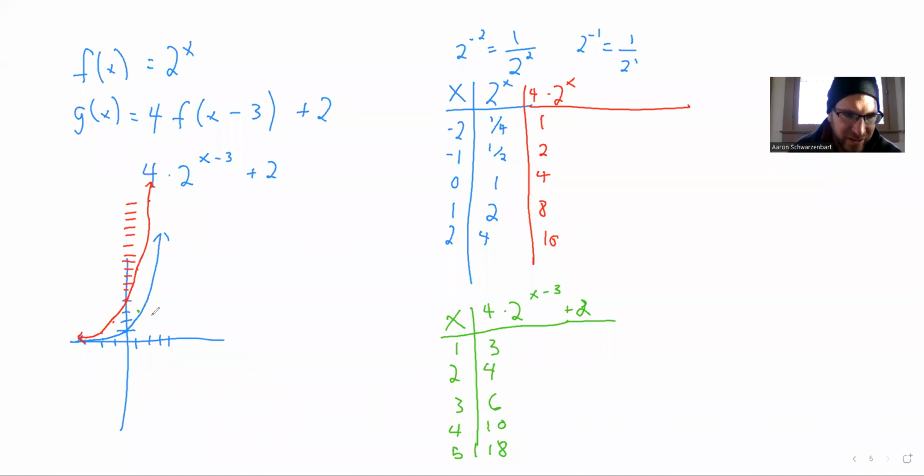Right 3, up 2. Right 3, up 2. There we go. Right 3, up 2. And I've got to go one more. Right 3 over here, up 2. And I'm going to get roughly the same thing. The other thing I need to do is as I shift the graph up 2, I need to move that asymptote up 2 with me.